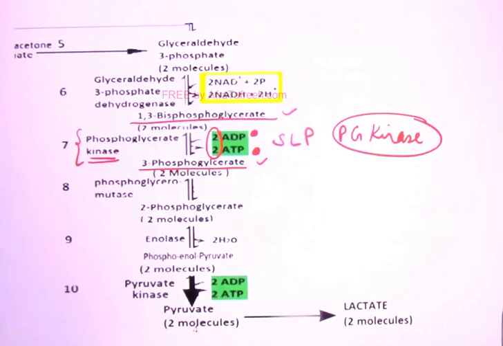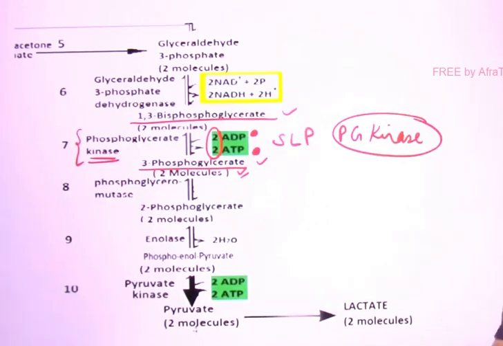Now we have reached this point, 3-phosphoglycerate. Now we have our last phosphate attached at number 3 position. We can remove this phosphate also and we can obtain energy. But there is a problem. When the number 3 phosphate is attached at glycerate, this is not a high energy bond. This is not a very high energy bond.